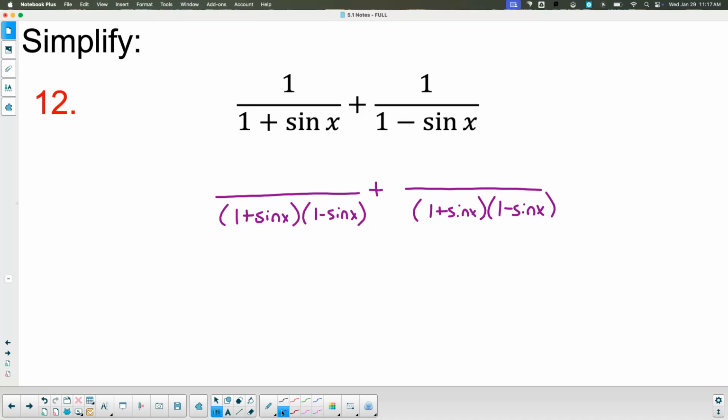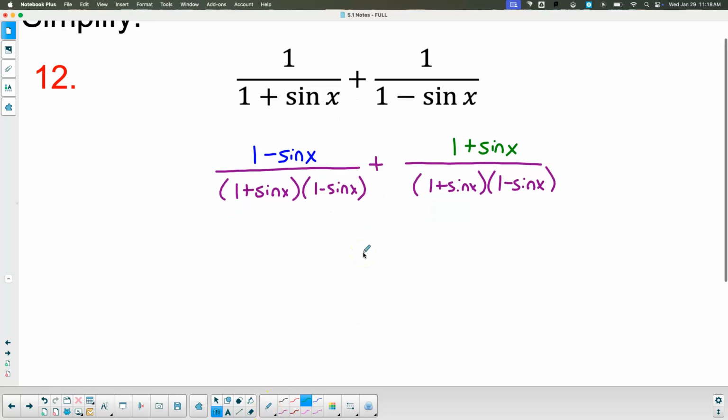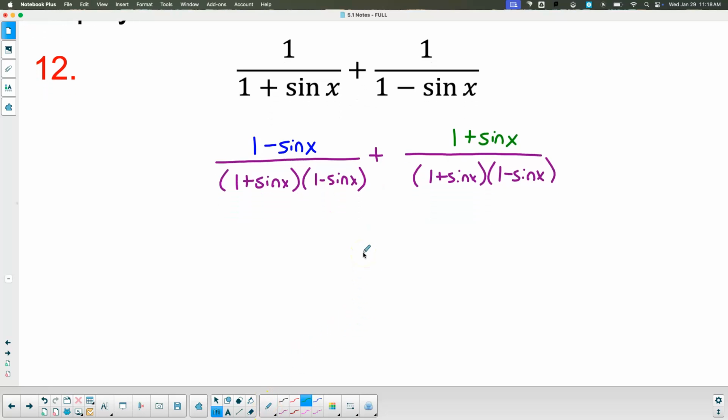What's missing in the first one? What's missing in the second one? Okay. Now what? Add the tops. What do the tops add to be? No. They add up to be 2, right?